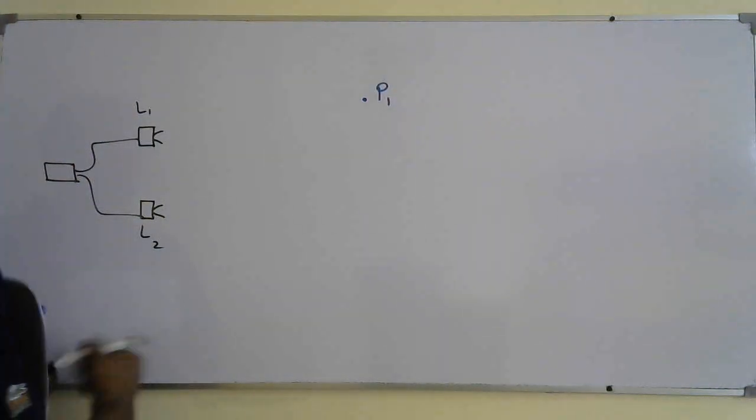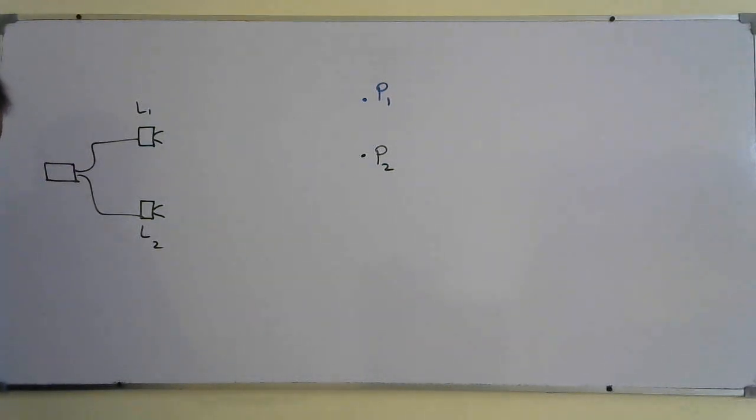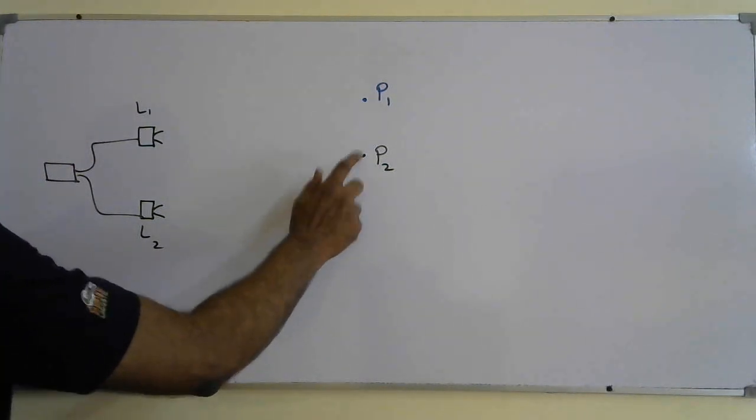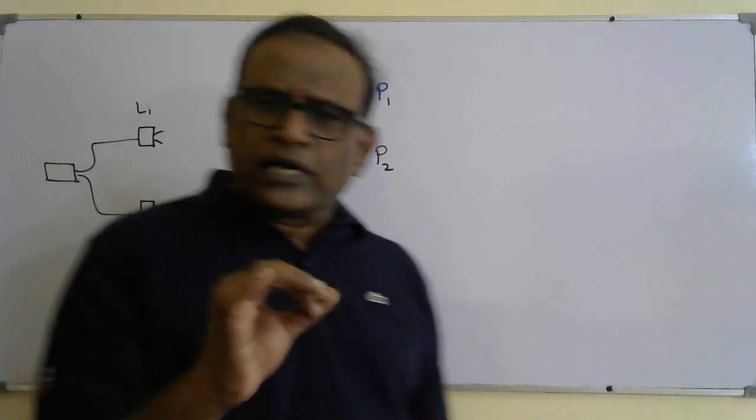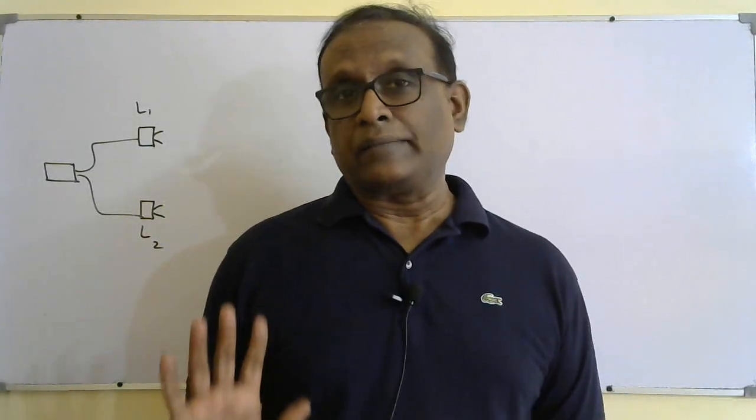If the two waves are overlapping at another point P2 in antiphase, destructive superposition occurs, which means at P2 you will hear a much lower intensity of sound or no sound.